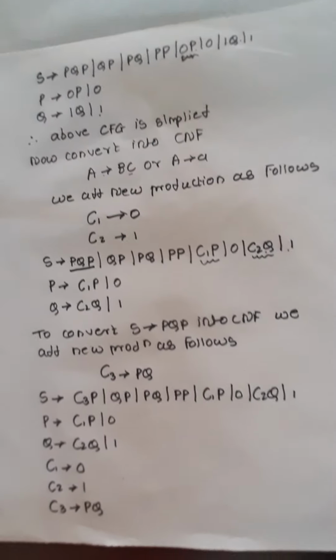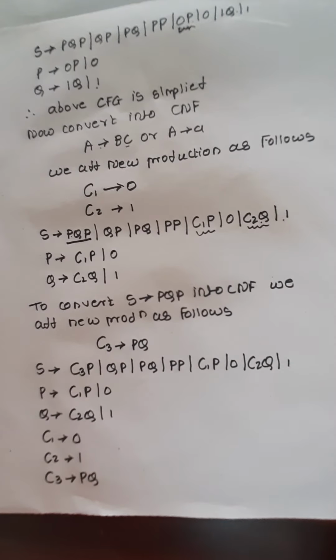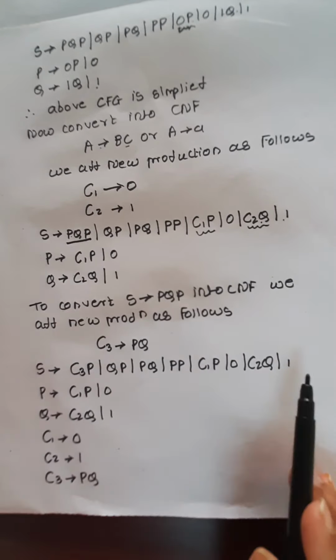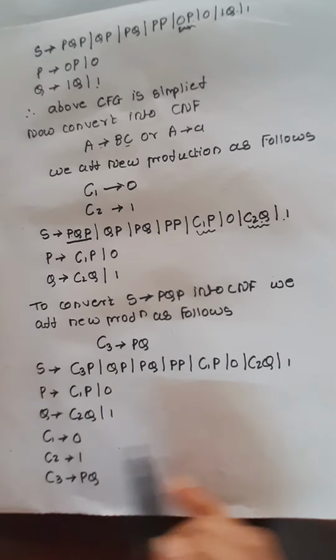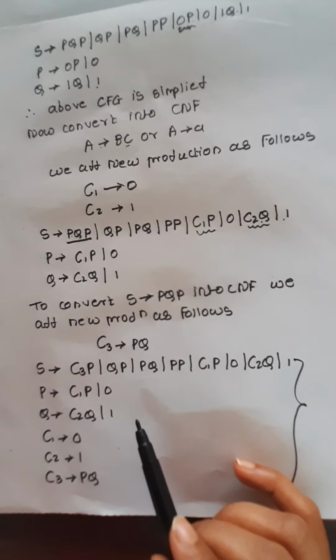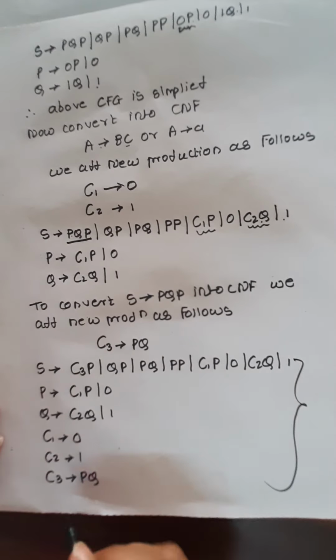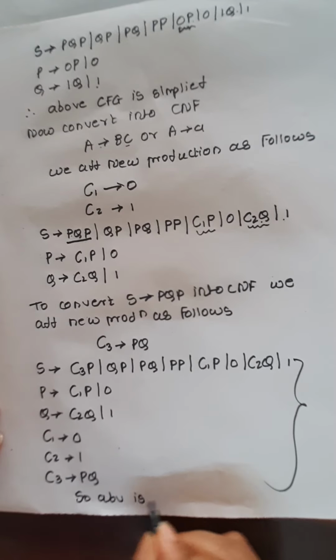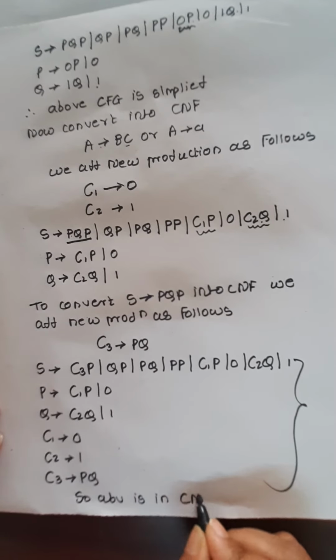And now see here, as per the restriction for the CNF, the RHS should contain two non-terminals or a single terminal, and our given grammar follows the form of CNF. So the above grammar is in CNF.